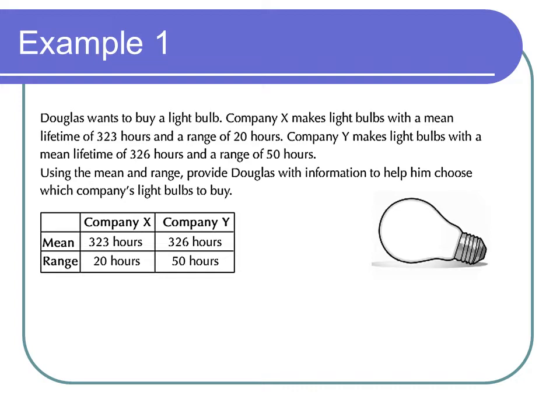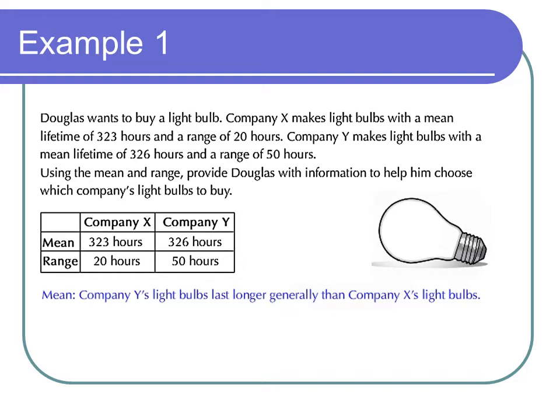The mean tells us that the average lifetime of the light bulbs made by Company Y is higher than for Company X. So Company Y's light bulbs last longer generally than Company X light bulbs.